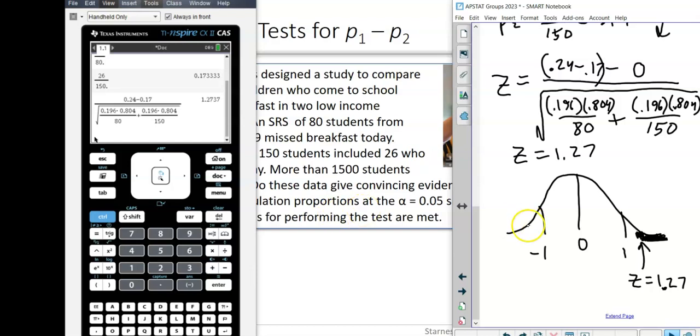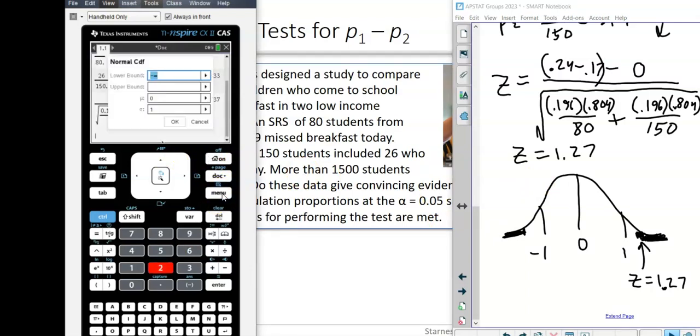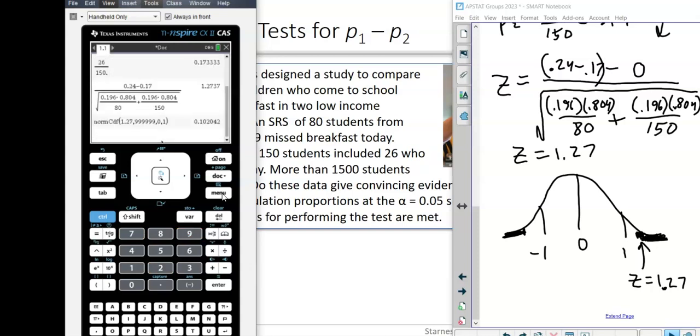Because it's a two-sided test, make sure to think about the fact that it's actually on both sides. The same area is going to be on both sides there. So then you could do norm CDF, right? So you go menu 652. Lower bound was 1.27, that's a z value, to infinity or a very big number, and just get it. So the area on the right there is that. To get also the area on the left, you multiply by 2.